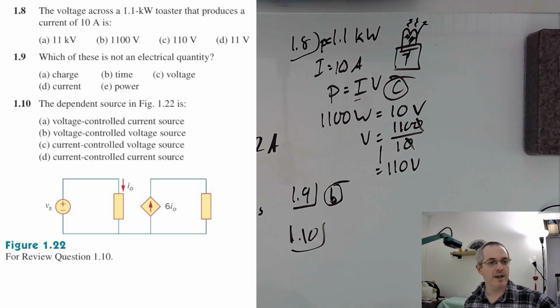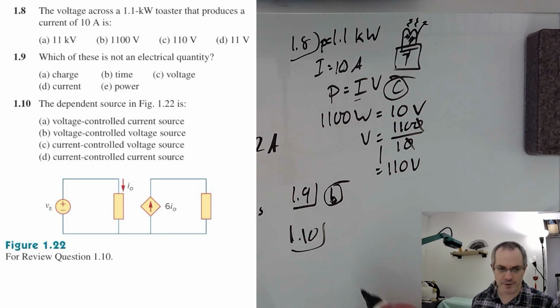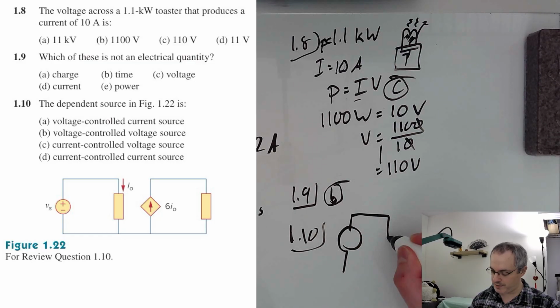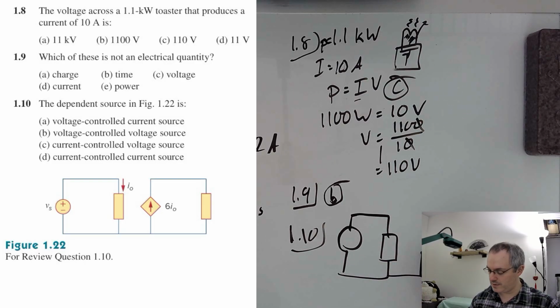So anyway, the dependent source in the figure is blah. Okay, so there's a couple sources here. If I was extra fancy, I'd be able to point at the picture, but I don't have whatever you need to do that. So we will just doodle it again here.